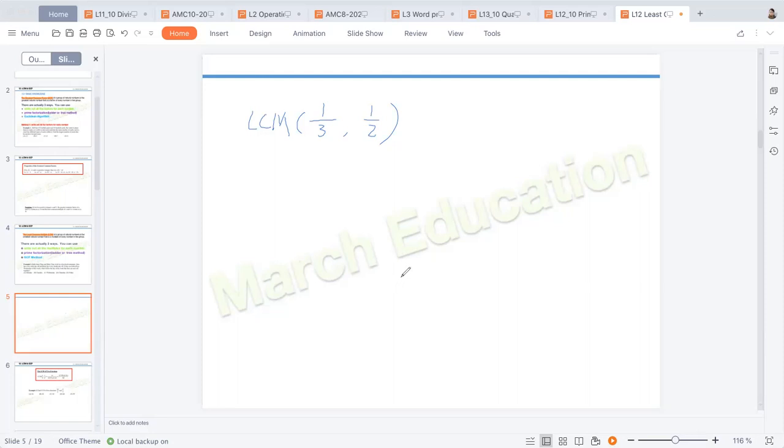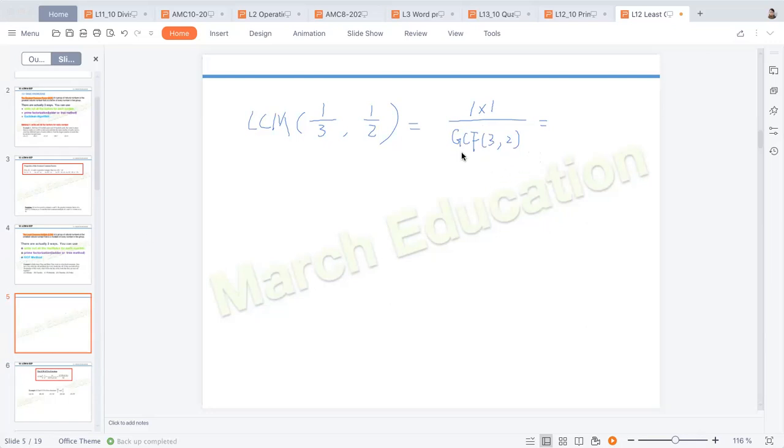What's the least common multiple? Okay. So you don't know what's the GCF of 3 and 2.